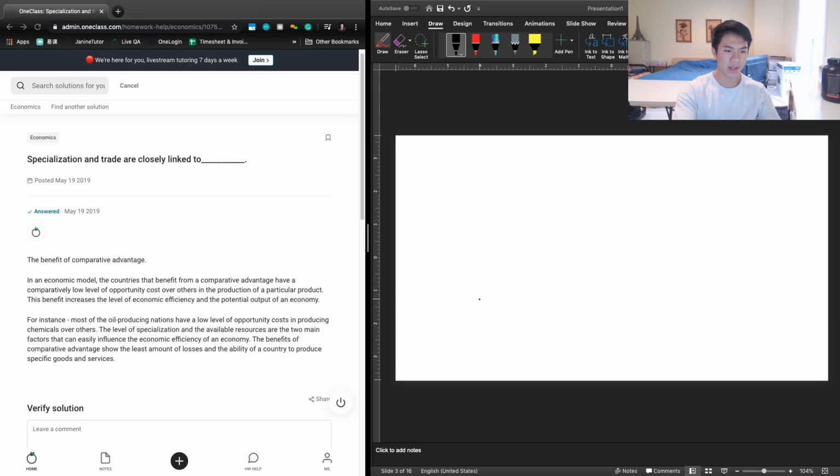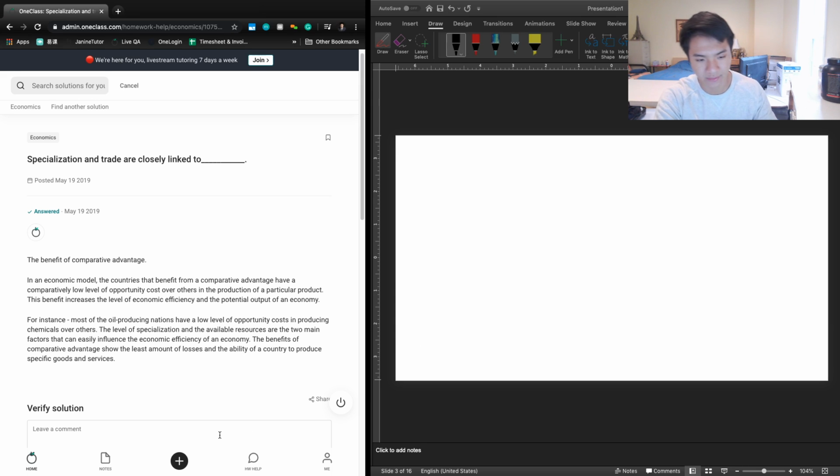And so we're going to add in a little bit of definition here about trade. It's important to also keep in mind that specialization and trade go hand in hand.